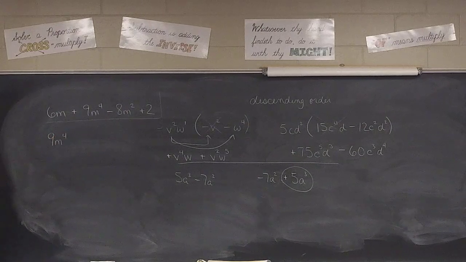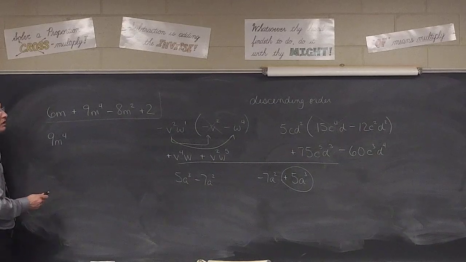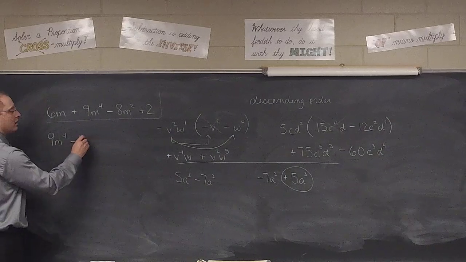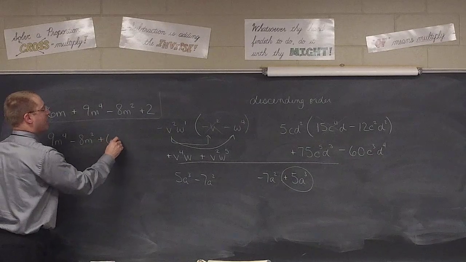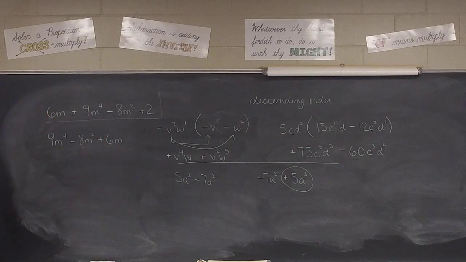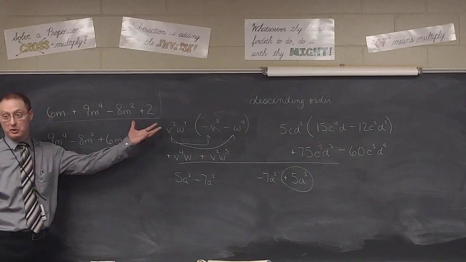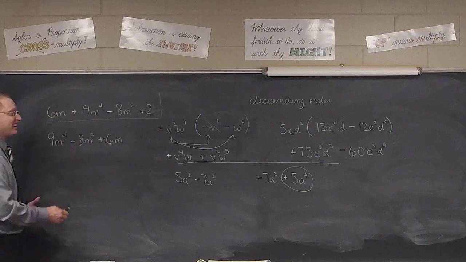We could say it's the most powerful term. What's the next most powerful term, Joshua? Negative 8m squared. Good. What's the next most powerful term, Lana? Positive 6m. And then the least powerful term, it actually doesn't have a power at all. It's powerless. Class, of course, the positive 2.